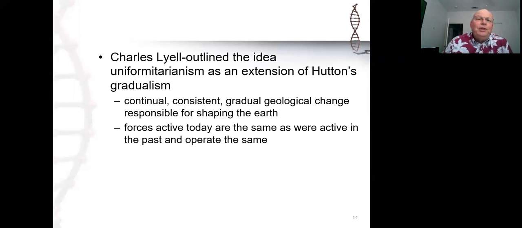And so together, Lyell and Hutton really changed people's attitude towards the age of the Earth, because if you're going to have these geological processes occurring, if they're going to take long periods of time, if they're going to be gradual, then you need time. You just need time. And you can't have a young Earth and have enough time for these processes to occur.